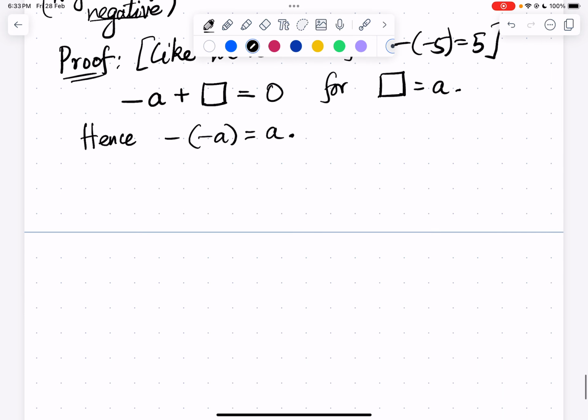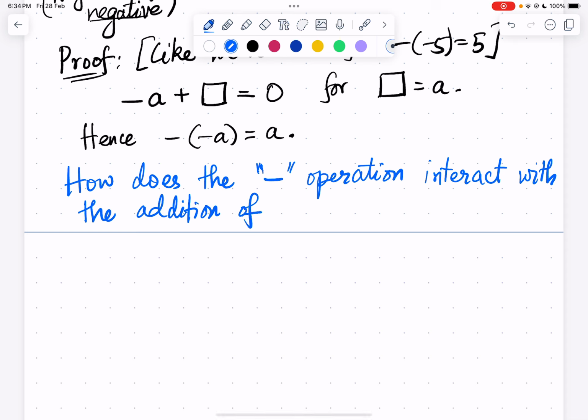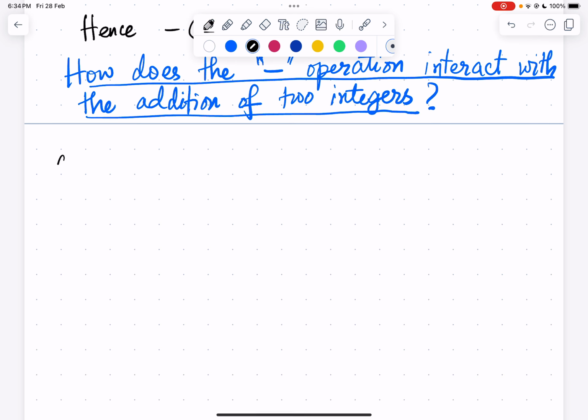Now we can ask another question. How does the negation operation interact with the addition of two integers? Observation.